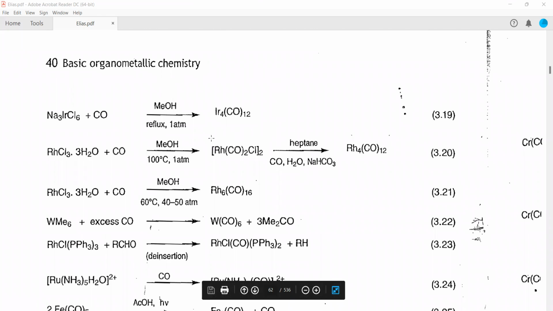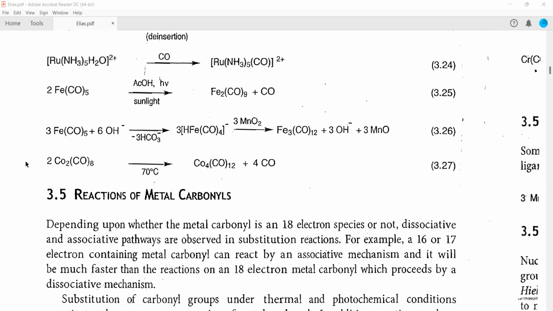For example, to get iridium carbonyl, this is the method. Here you have an iridium complex, and then you use carbon monoxide in methanol and reflux at 1 atm pressure. To get rhenium carbonyl, you need rhenium trichloride. All of this is mentioned over here.